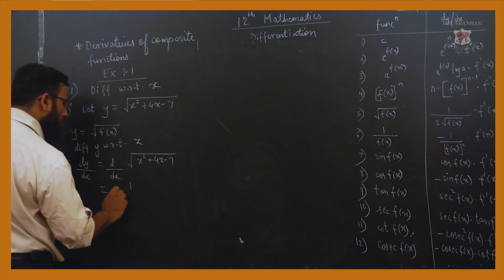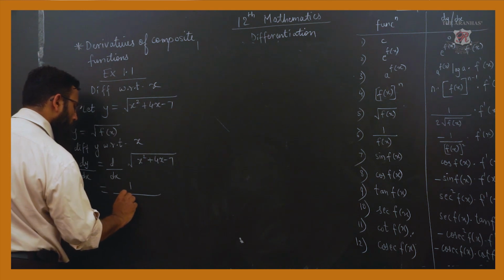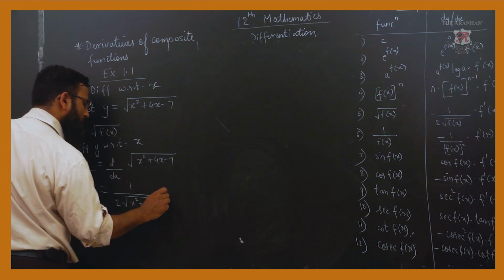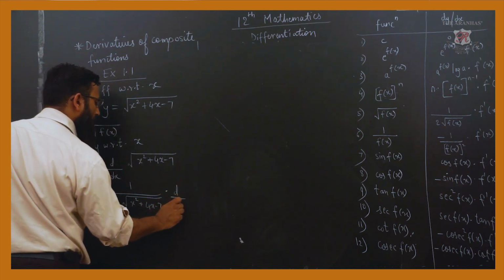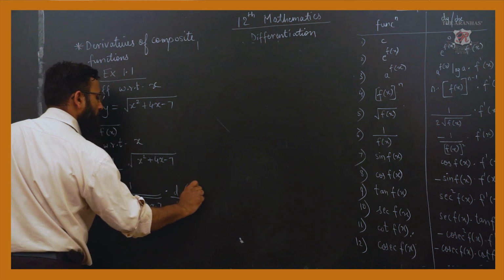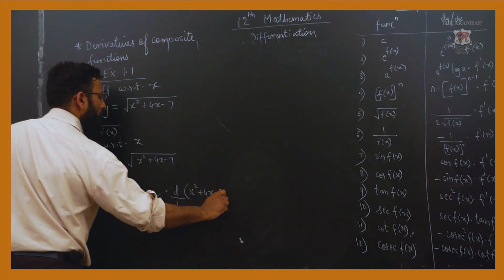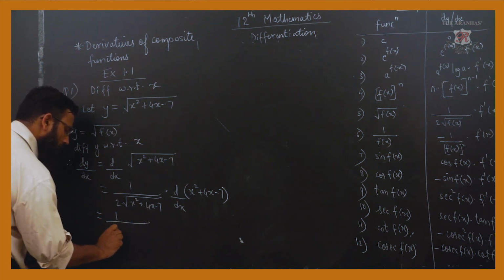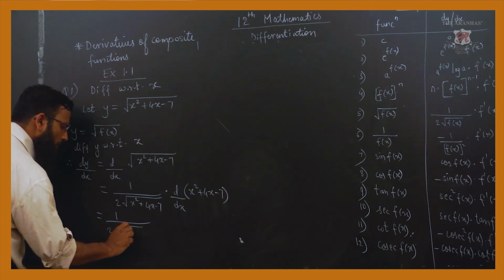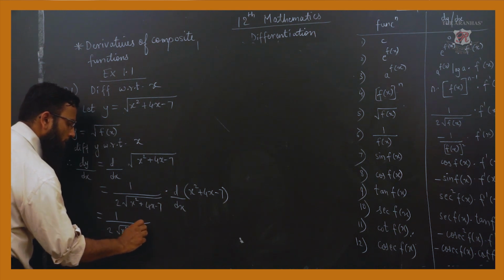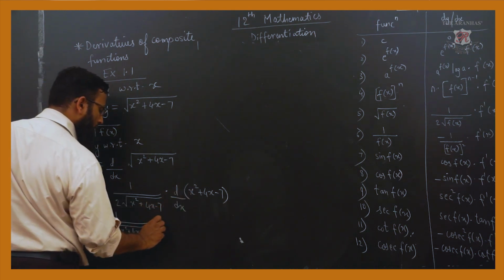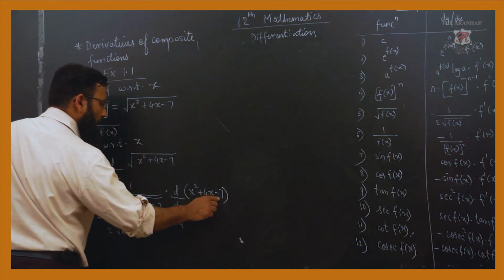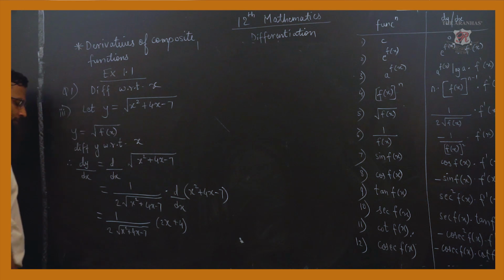So my answer will be 1 upon 2 root of f of x, into the derivative of this. So it will be x square plus 4x minus 7, and the derivative can be obtained easily: x square is 2x, 4x will be 4, and derivative of 7 is 0.